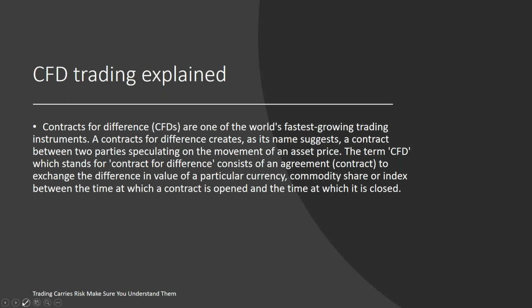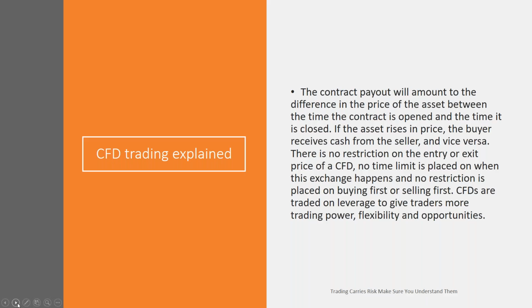So you can go long or short in either direction, except to fulfill a CFD contract, there must be a buy and a sell. It doesn't matter which one takes place first. If you sell the goods, you have to eventually buy them to offset your contract. If you buy the goods first, then you eventually sell them. The contract payout will amount to the difference in the price of the asset between the time the contract is opened and the time it is closed.